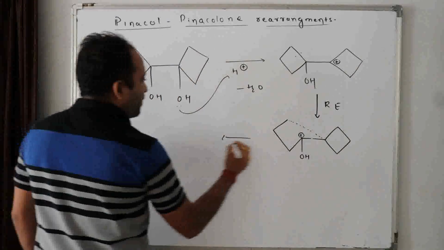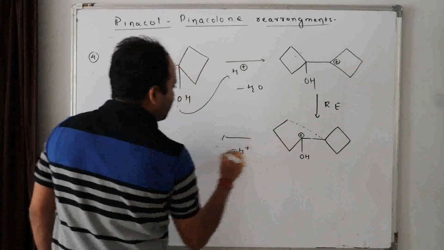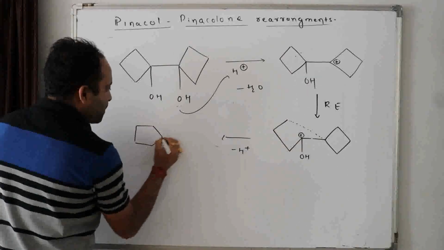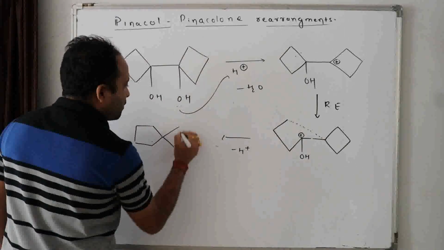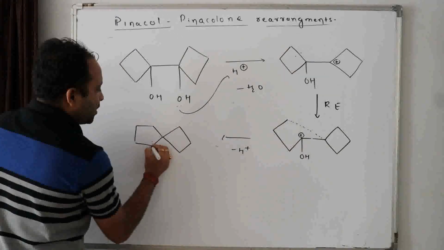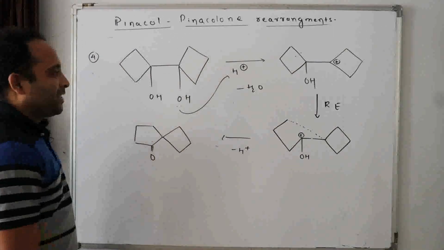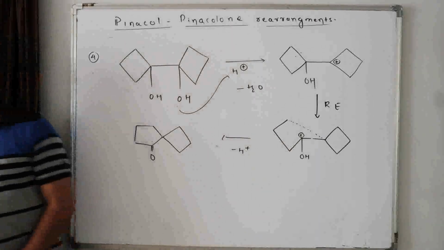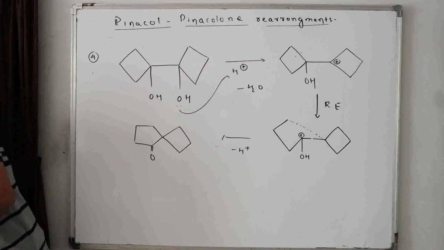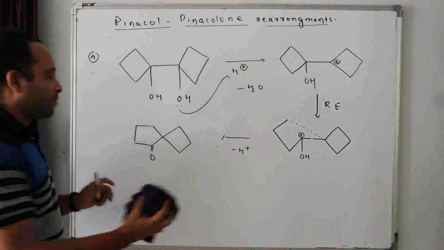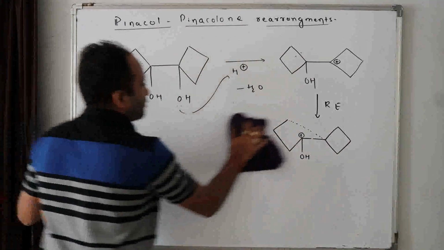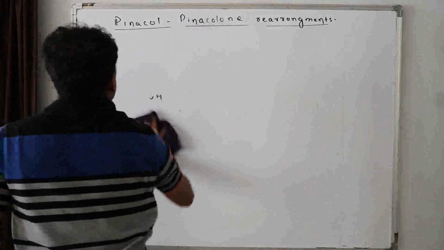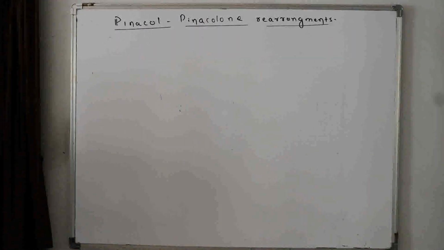Now the 5-membered ring, with firing of H plus, we'll get something like this. Easy? Doubt? One more question, please. Next, one more question. Question number 5.